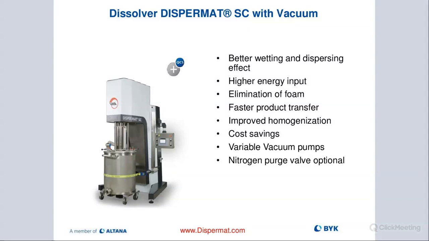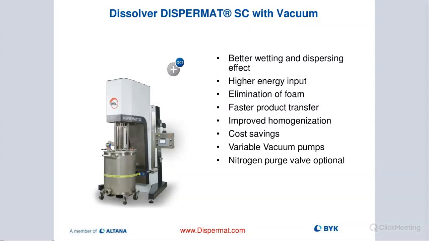So that's kind of the same idea when we're dispersing and milling. These air bubbles act like air mattresses, or like that safety vest. So take that out, and then you're going to put in more energy. It's going to be more efficient, and that will allow us faster milling times.